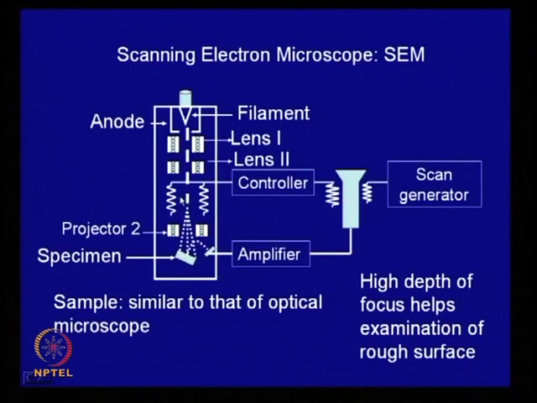So, what is done? There is a scan generator which generates a scanning voltage, and it keeps shifting this beam from one point to the other in the form of a raster, something similar to a TV screen.